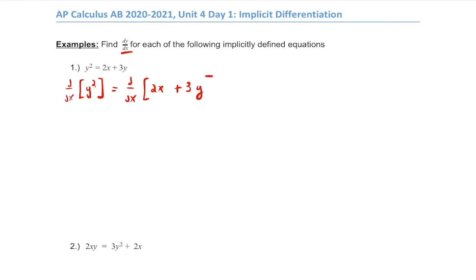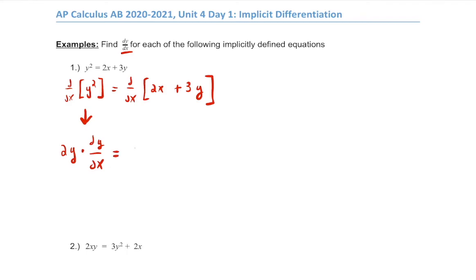It's a serious partial credit point. And so we're taking the derivative again with respect to x. So we'd have 2y here times dy dx, the derivative of y with respect to x. This is just the chain rule happening because you're not taking the derivative of y with respect to y anymore. You're taking it with respect to x.